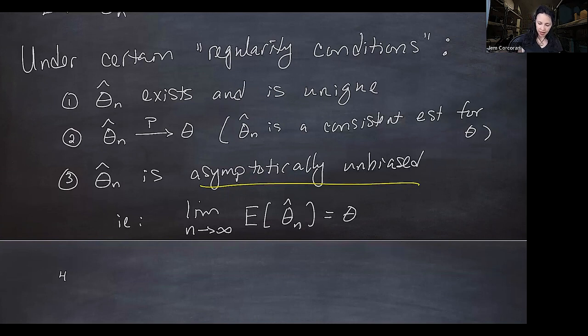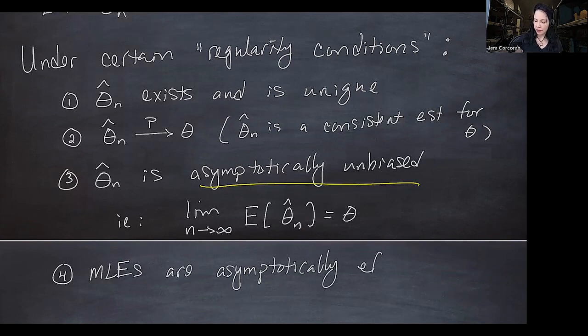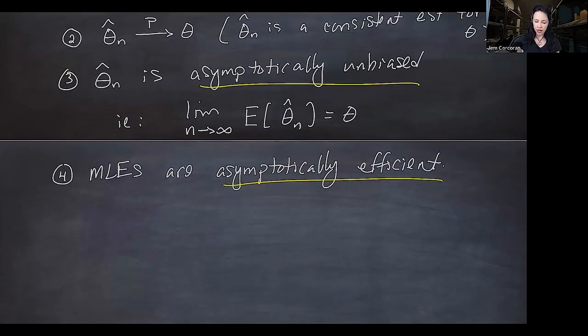The fourth thing is that MLEs are asymptotically efficient. We defined efficiency last time. I'll remind you what that is. This has to do with the variance getting down to that Cramér-Rao lower bound.